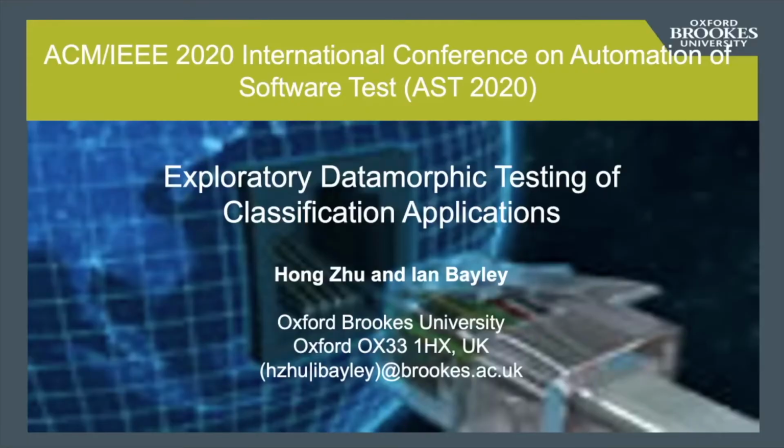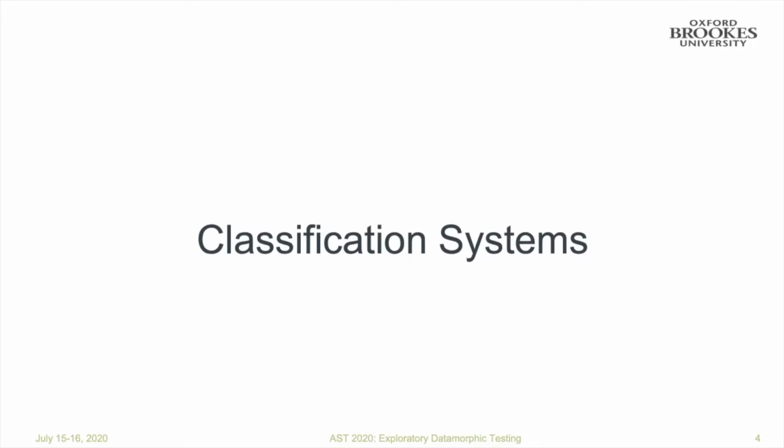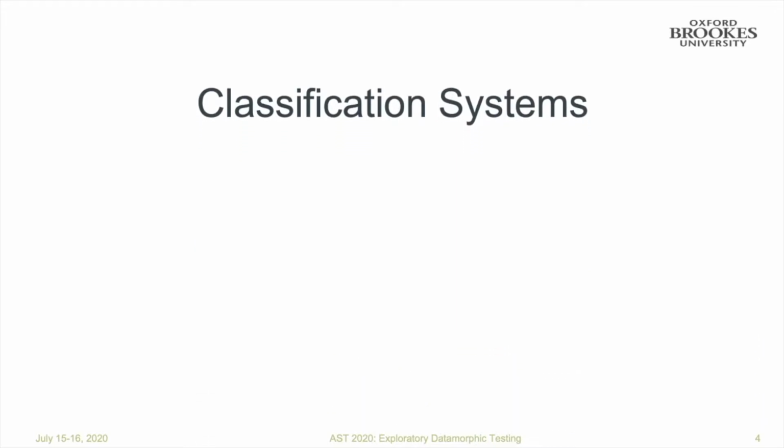Welcome to my presentation of a research paper co-authored with my colleague, Dr. Ian Bailey. The work is concerned with testing classification systems, which is also called classifiers in the literature.